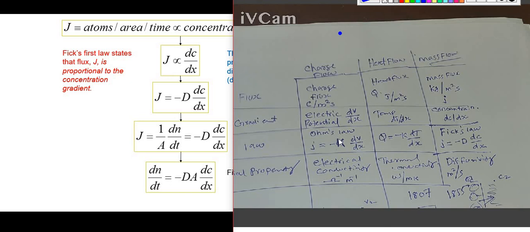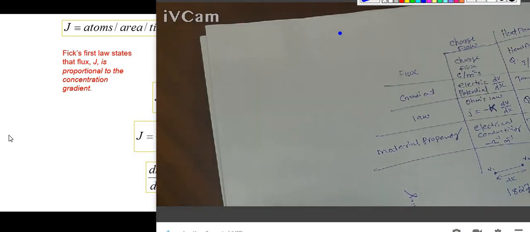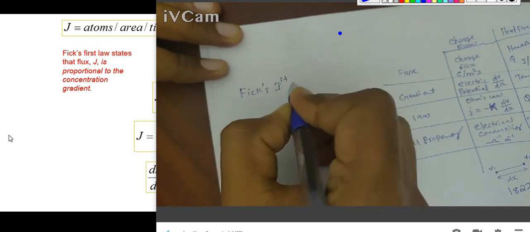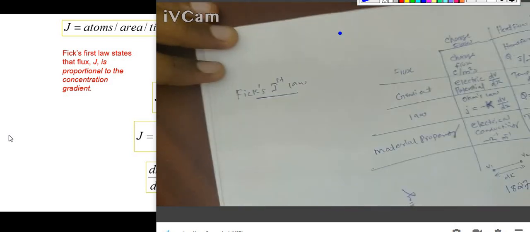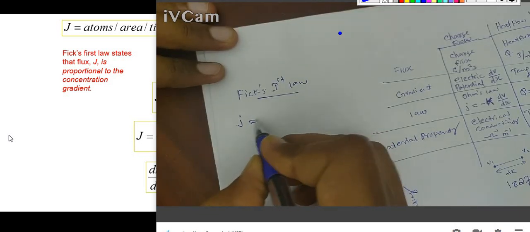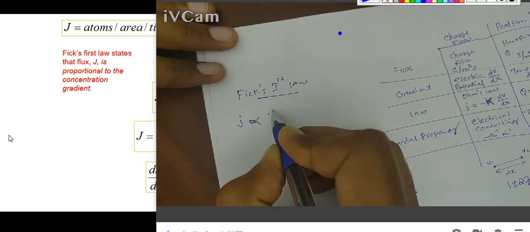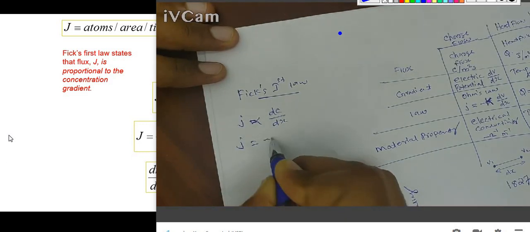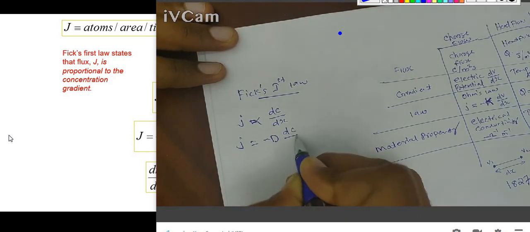In these equations we can see a minus sign. In Fick's first law, we got J, the mass flux, proportional to dC by dx, or J is equal to minus D into dC by dx.